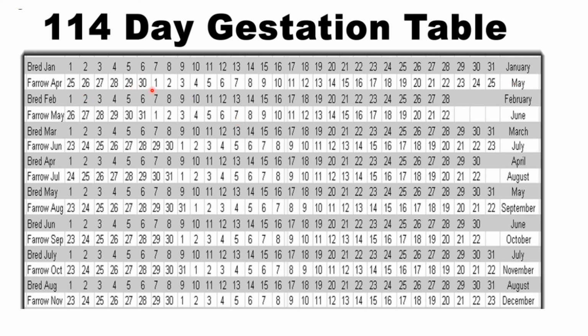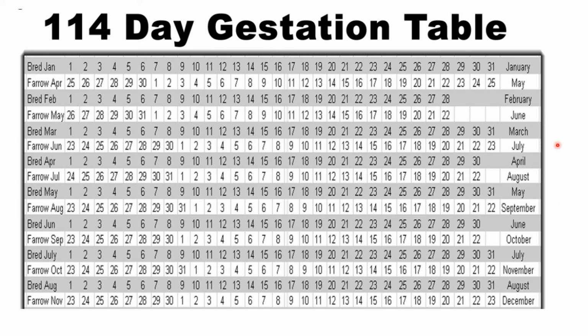So if you bred on January 7, May 1 is the expected farrowing date. If January 8, May 2. So that is how to read this gestation table.